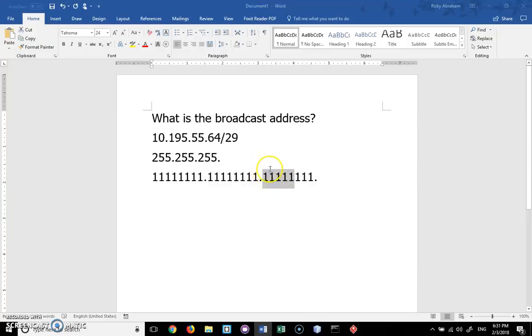We just start from 128 and then 64, and then 32 and 16, 8, and then 4, and then 2 and 1. So that would be, let's see, 128 plus 64 plus 32 plus 16 plus 8 is 248.